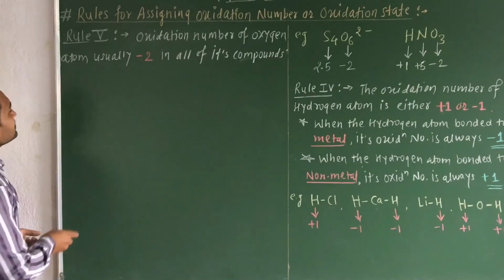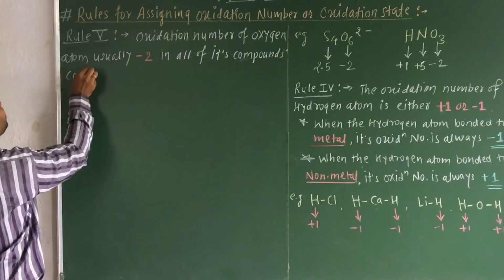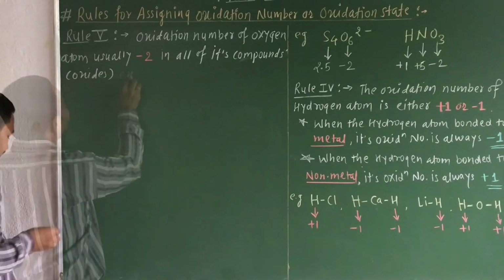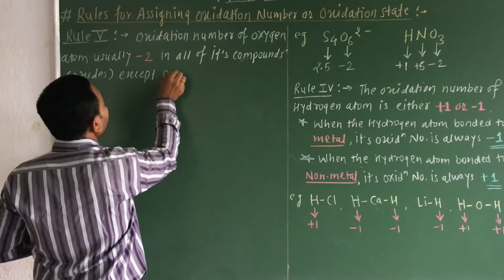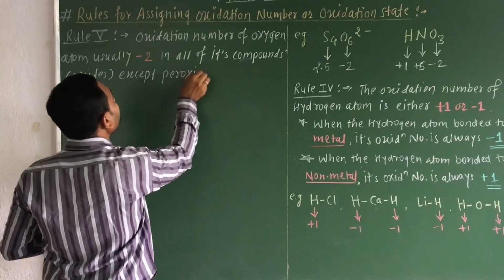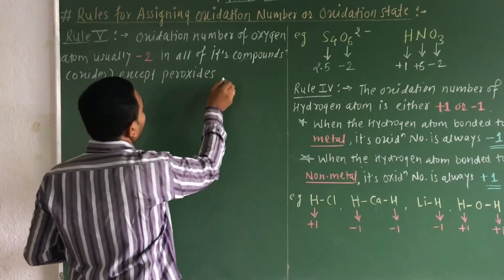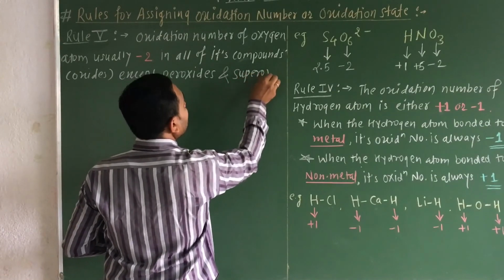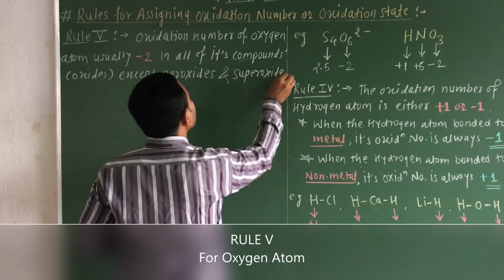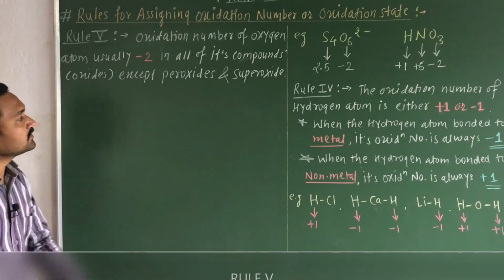Okay, that is nothing but all oxide compounds. Okay, except peroxides and superoxides. Okay, so that is our rule number 5.